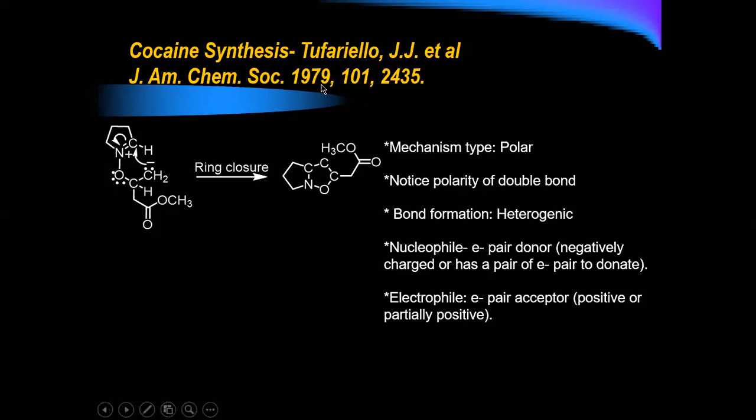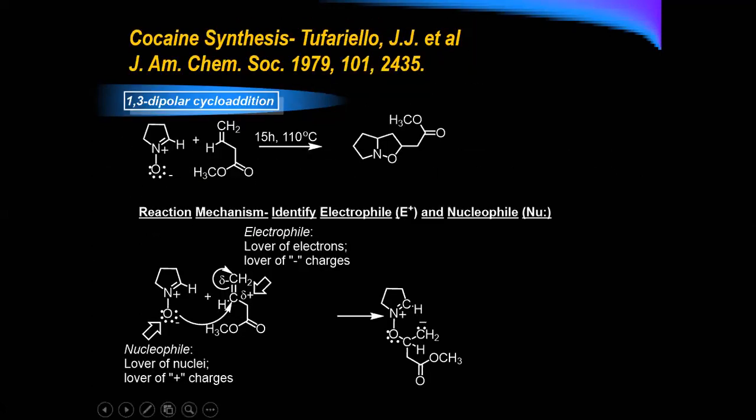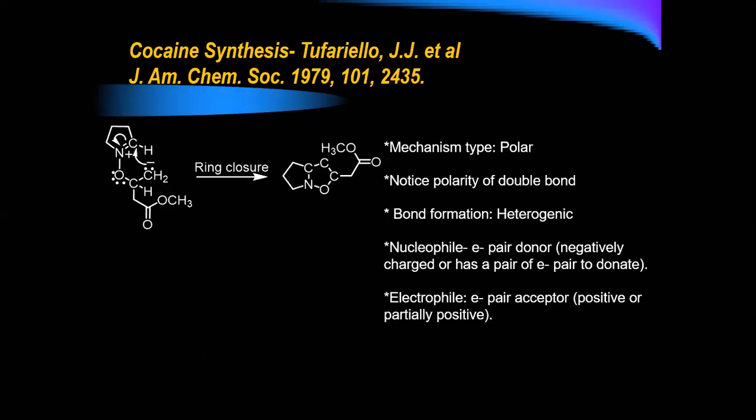Because when you're adding or donating electrons, you've got to think about the orbitals that make that atom up and where that atom will be able to accept a pair of electrons. The carbon is more apt to accept a pair of electrons than the nitrogen because the carbon is sp2 hybridized, right?